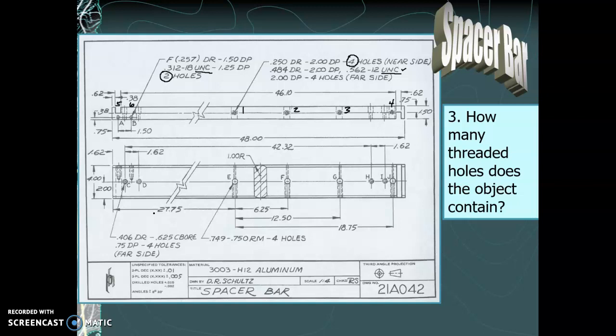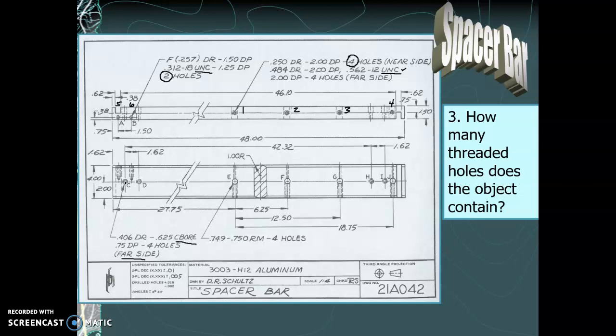And now let's look at the front view. We do see a dashed line surrounding these 2 holes. If we come down here to the hole note, no threads is specified. What it does have is a counterbore on the far side.